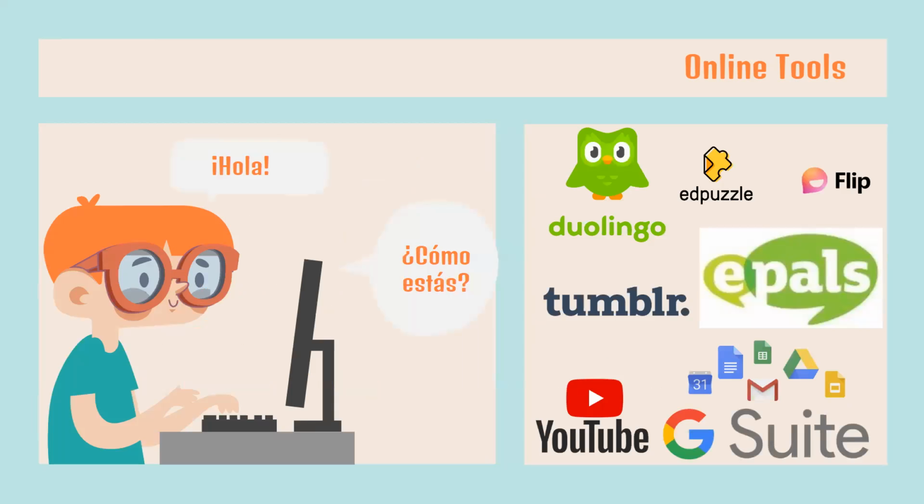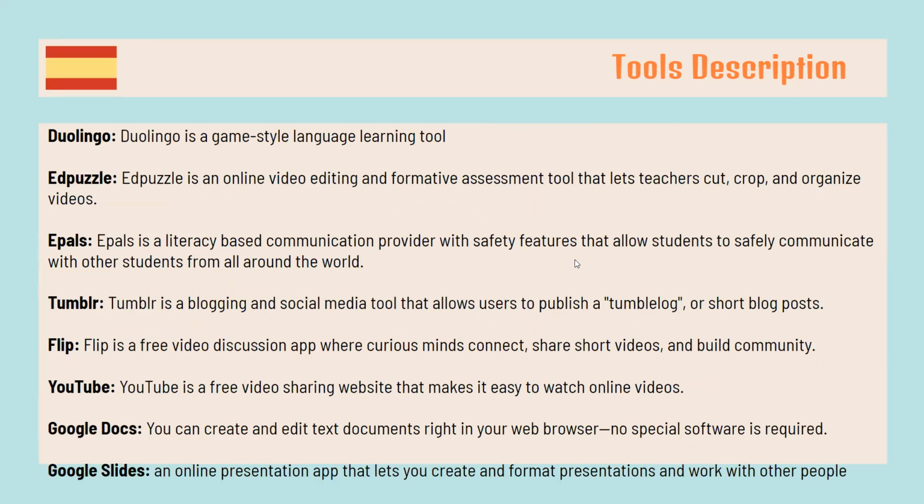And so I wanted to use a lot of technology in my classroom, and I actually incorporated all of these: Duolingo, Edpuzzle, Flip, Tumblr, ePals, YouTube, and then Google Suites. Duolingo is a game style language learning tool.